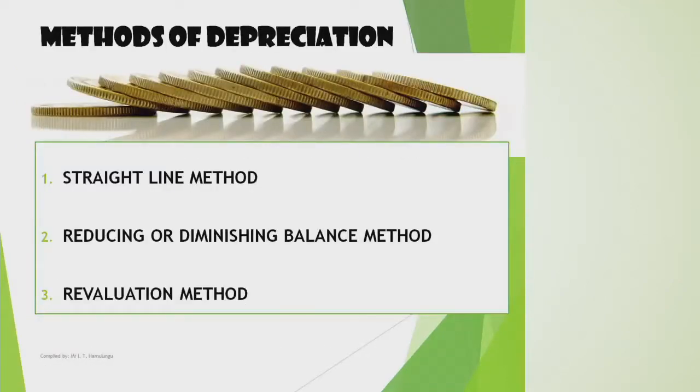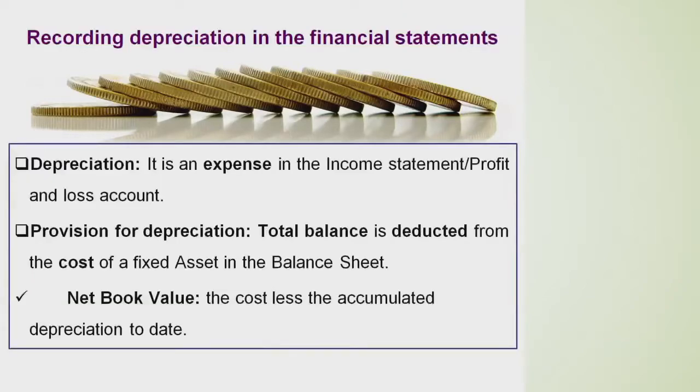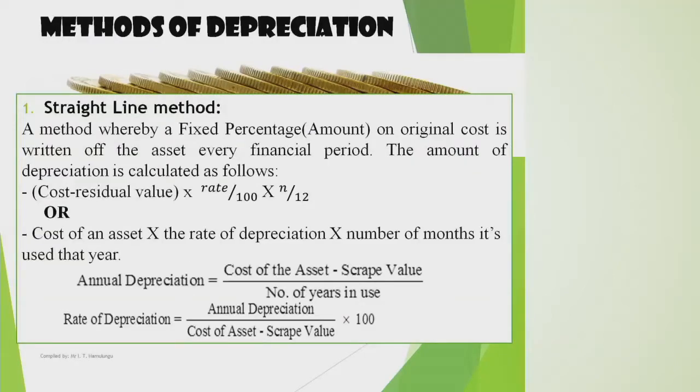There are 3 methods of depreciation. We have the straight line method, the reducing or diminishing method, and the revaluation method. Depreciation is an expense, like I said, and I already explained to you how it's going to be treated. Method of distribution: when we are using the straight line method, how are we going to calculate? We have the cost of the asset minus the scrap value, divided by the number of years.